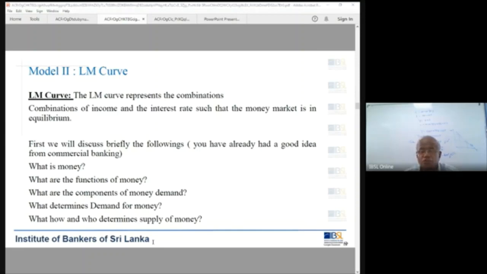Money is used as a unit of account. Money calculates national income in monetary terms. Calculate the value of tea, monetary terms. Calculate the value of rubber, monetary terms. Money is used as a unit of account, as a store of value, and as a medium of exchange.